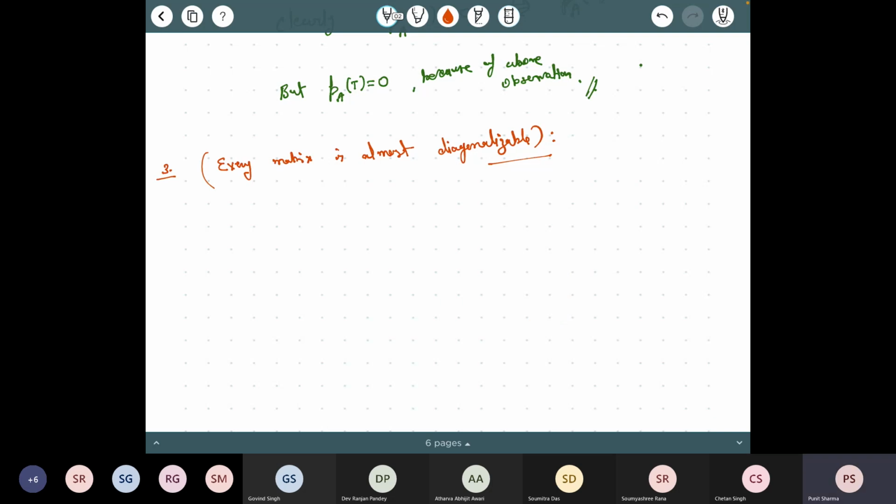So every matrix is almost diagonalizable. What do I mean by that? If we have a matrix A, then for any given epsilon, there exists a matrix B, of the same size, with n distinct eigenvalues. Let me denote the entries of B as Bij and entries of A as Aij.